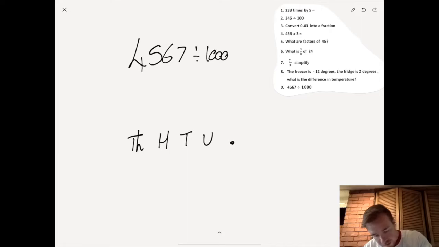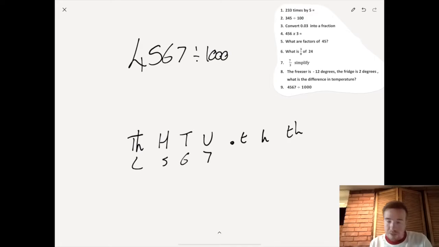Then you've got tenths, hundredths, and thousandths. So you've got 7, 6, 4. And then you divide it by 1,000. Divided by 10 moves once, divided by 100 moves twice, so divided by 1,000 moves 3 times. Worth remembering as well, it's not how I would recommend teaching it or learning it, but there are 3 zeros in 1,000 and you're moving 3 place value columns. So that's a nice way to check, I suppose.